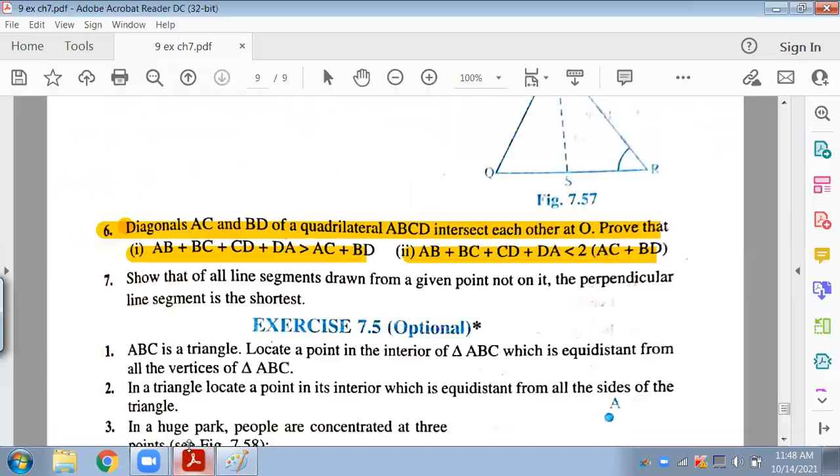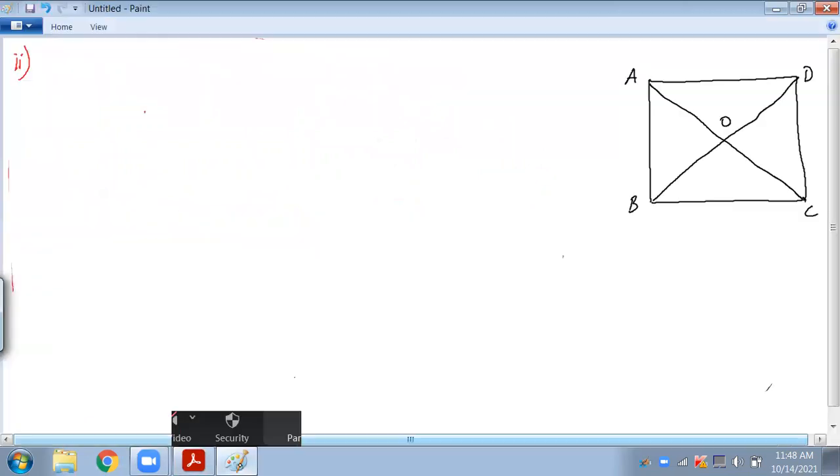In number 2, what do you have to show? Again, you have to show the sum of the 4 sides is less than twice the sum of the diagonals. Now, to show this, we're going to take these 4 triangles: AOB, BOC, COD, and AOD. That means we're going to take 4 triangles.